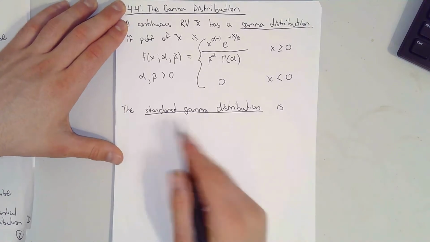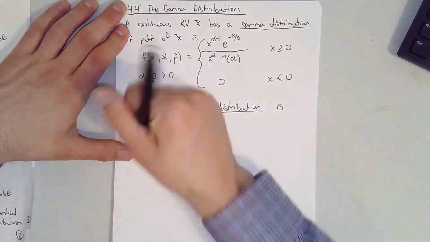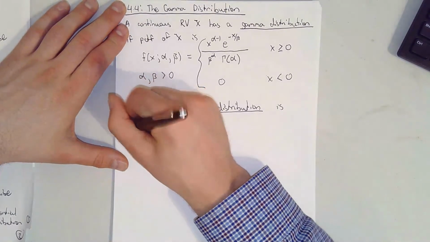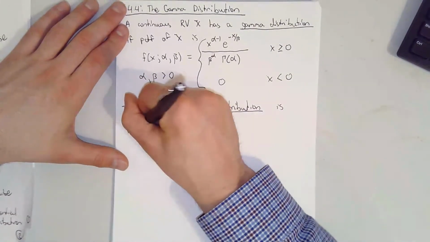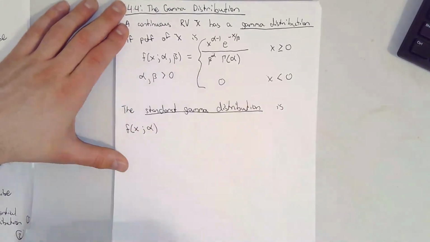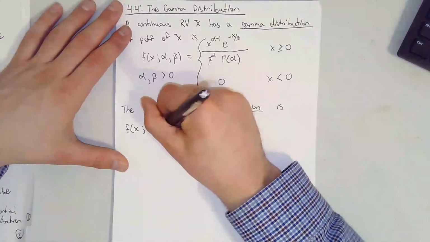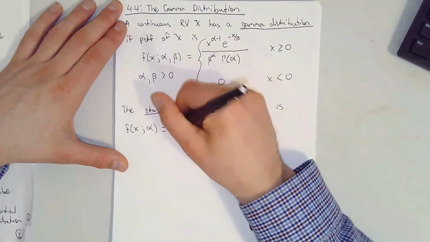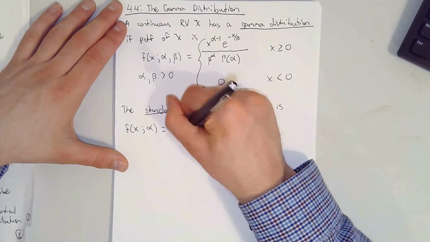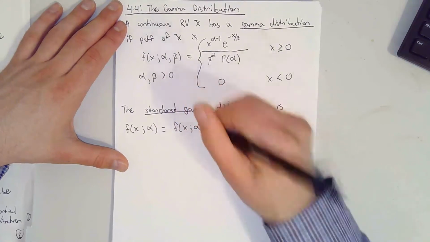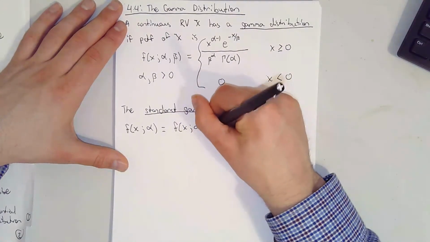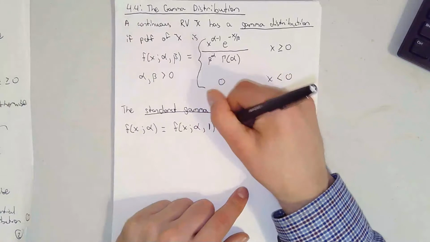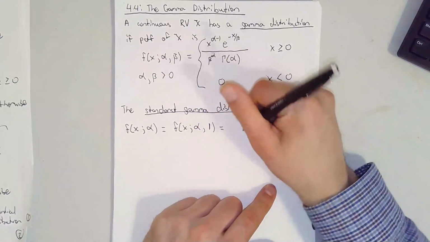So for us, it's the standard gamma distribution. And what is that? It has a PDF with only one parameter, alpha, which is the PDF of a gamma distribution with parameter alpha, but beta is equal to 1, which is equal to the following.